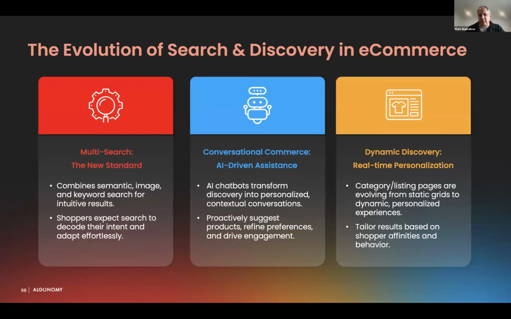They can build their cart straight from the chat interface, so it becomes almost another channel for you. And then dynamic discovery. How do we do this with list pages? We've been merging both our Find and Discover together, utilizing similar capabilities, and then being able to do more merchandising with the dynamic discover side, but still tailored to personalized results.